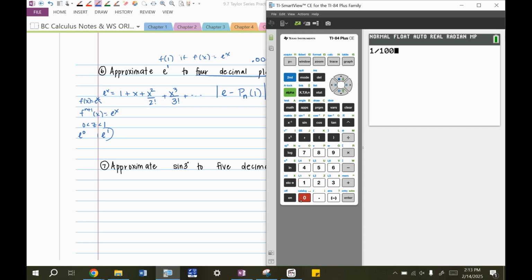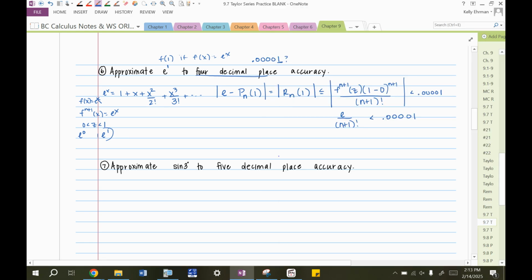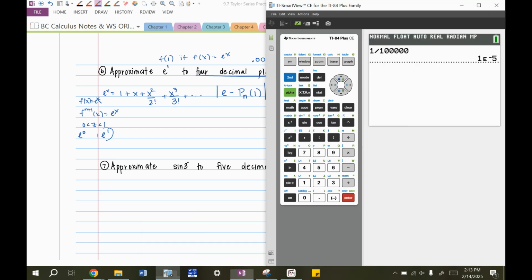Yeah, okay. So 100,000 is less than n plus 1 factorial over e. So that's what I'm going to pop into my calculator.